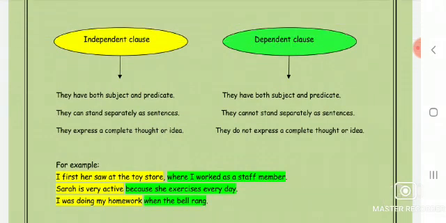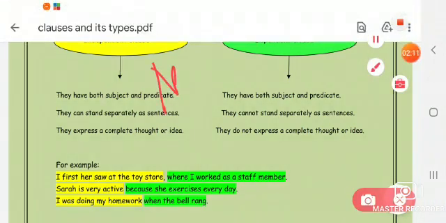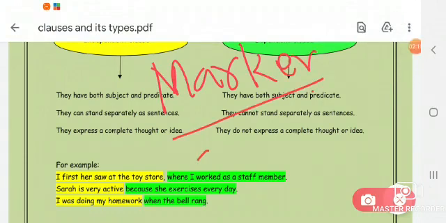Then we have dependent clause. A dependent clause is also called a subordinate clause. It is a group of words that also has a subject and a predicate. But a dependent clause cannot be a complete sentence as it cannot convey a complete thought or an idea because it has marker words and conjunctions.